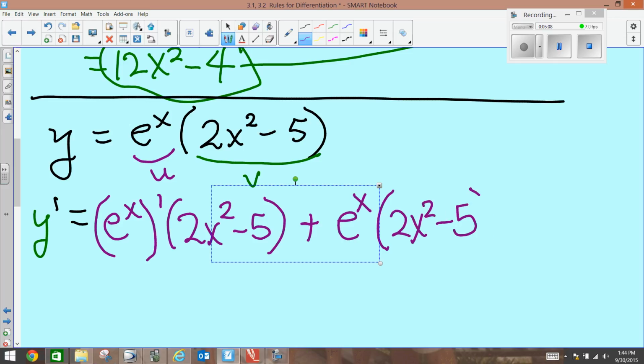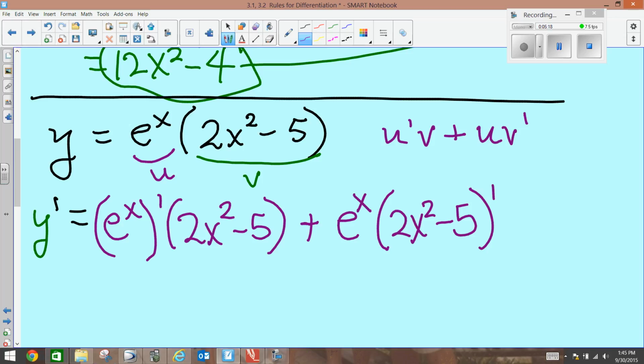I didn't change my color, but that's okay. Okay, so u prime, derivative of the first times the second, plus the first times the derivative of the second. It seems like it's going to be hard to remember, but it's not. That's what y prime is for product.